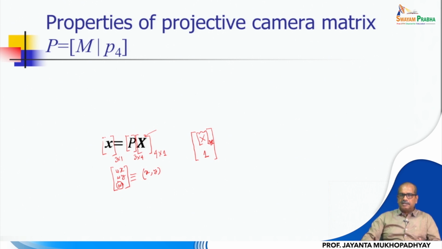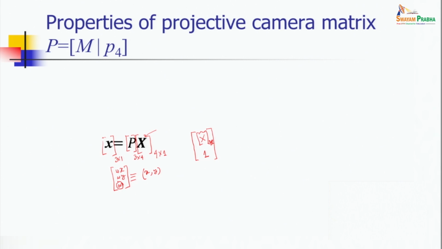So this is what we discussed, and we have seen various factors of the projection matrix P. One of the representations I have just shown in the title of the slide itself. You can see that P is factored into two components.